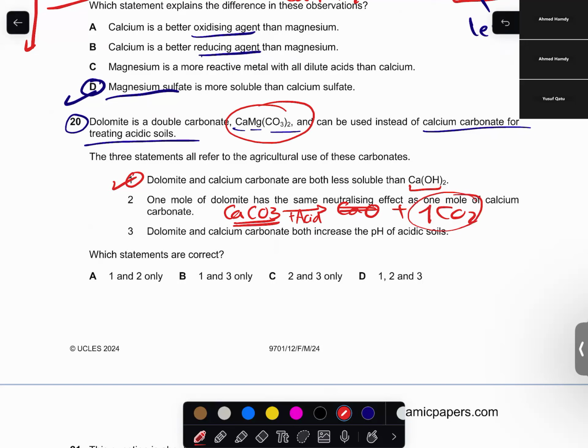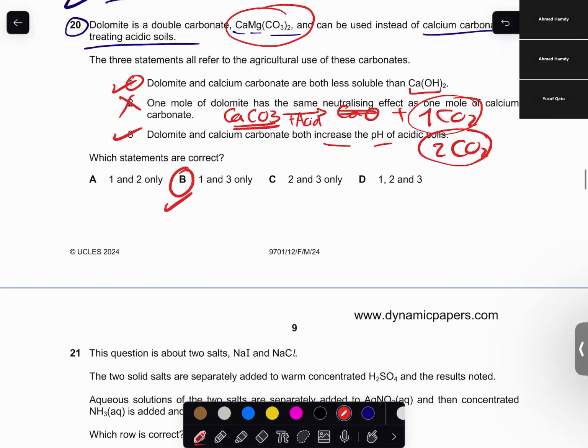But in the case of dolomite, I will have 2 moles of carbon dioxide. So does it have the same effect? Of course not. Dolomite will have a greater neutralizing effect, so this one is wrong. Dolomite and calcium carbonate both increase the pH of the soil, of course, because both of them are bases. So the answer is 1 is wrong, 2 and 3.